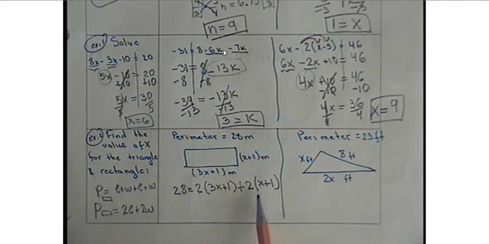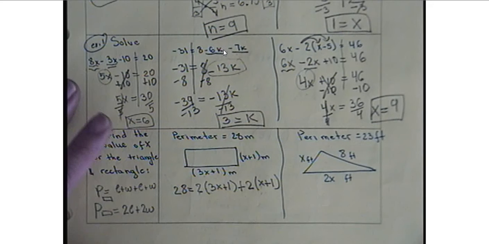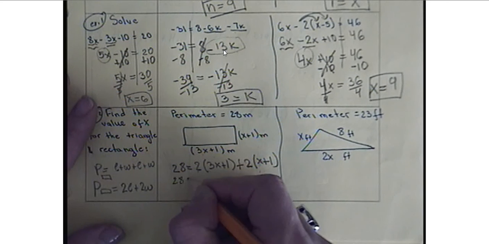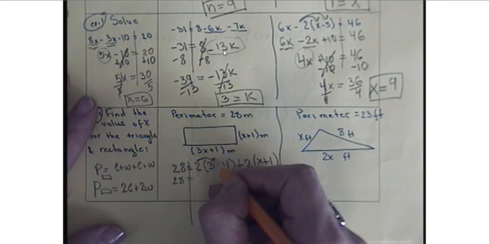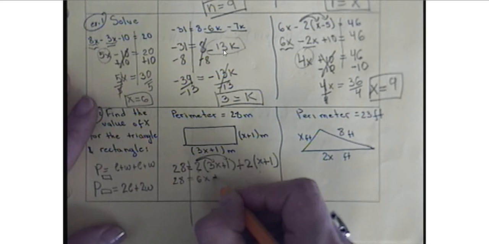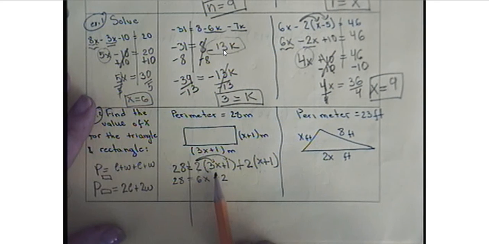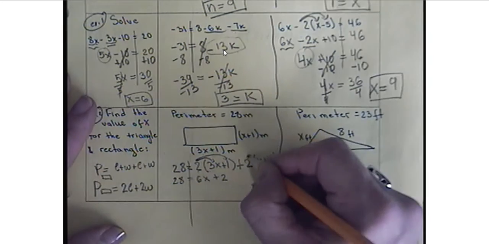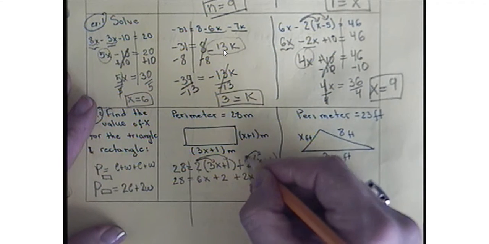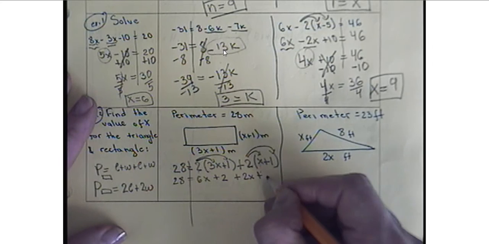We're gonna simplify those and then we'll solve for x. So 28 will be equal to 2 times 3x is 6x. 2 times 1 will be plus 2. Done with first distributive property. Second distributive property, plus 2 times x will be plus 2x, plus 2 times 1 will be plus 2.